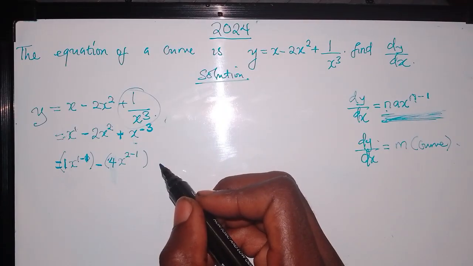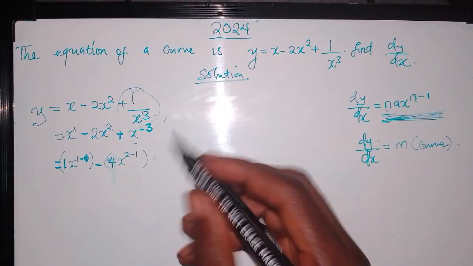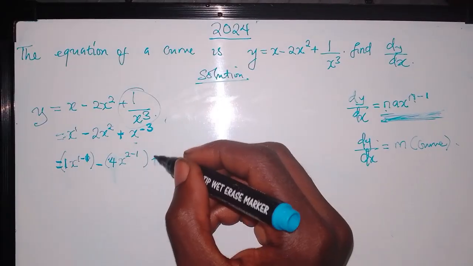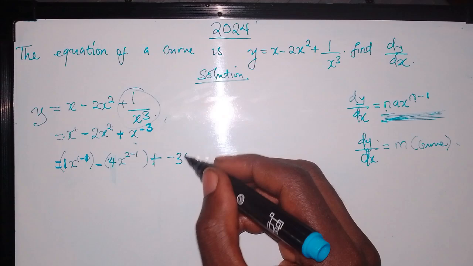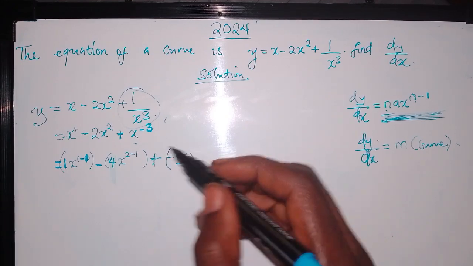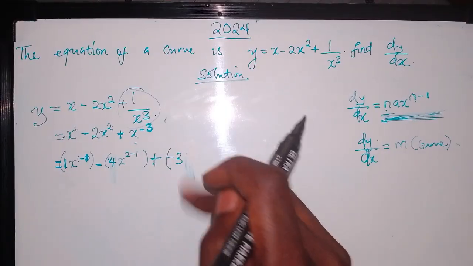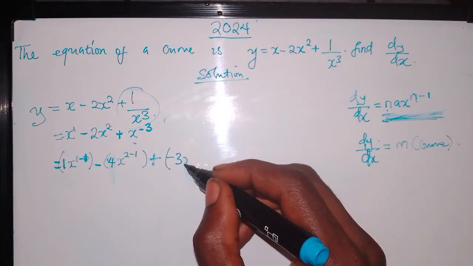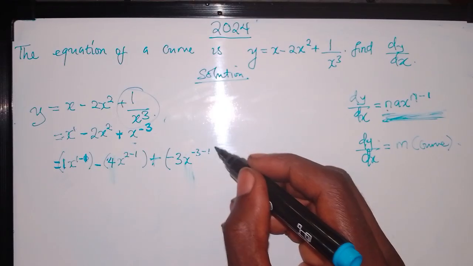Then here the last one, we have negative 3 times, so it's a plus. Negative 3 times what? 1. We said 1 is invisible. Then you say x to the power negative 3 minus 1.